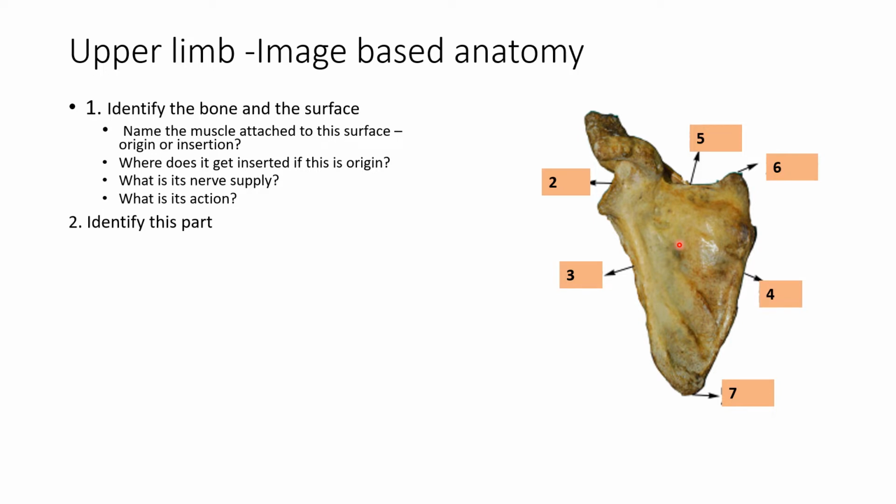So what is that part? From the introduction which I have given in brief, this is the lateral one and this is the glenoid fossa or cavity, and to it the head of humerus is attached.